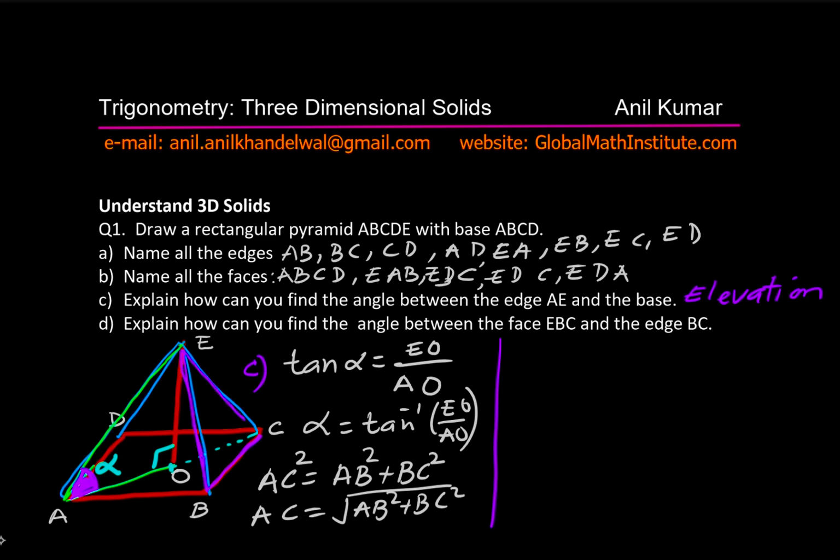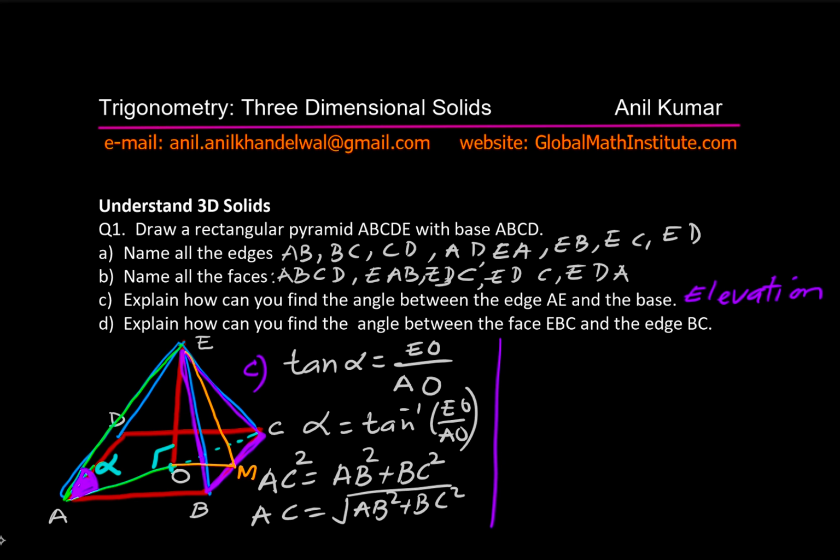So how do you find this angle which a face makes with the base? To find this particular angle, we take the midpoint here, join the midpoint with the center, and this midpoint and the line from E to the midpoint M, this line lies in the face.